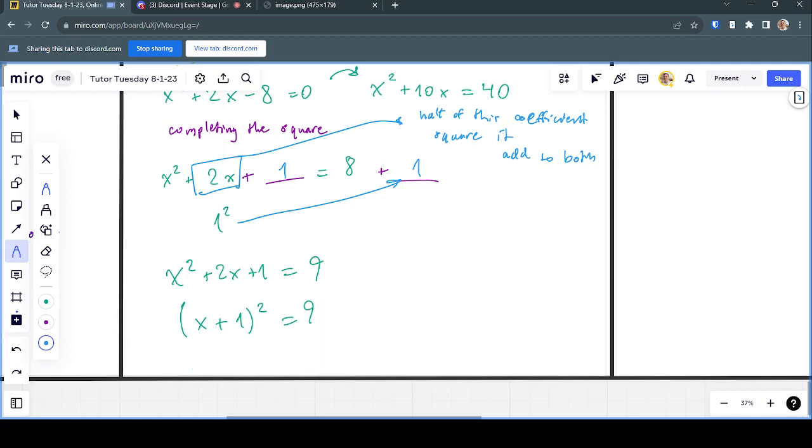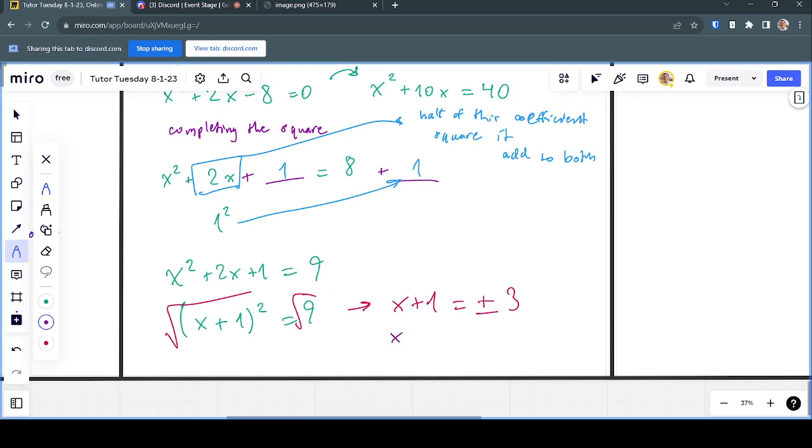And now since this is real easy for us to square root, we are going to get something like x plus 1 is equal to plus or minus 3. Once we take the square root of this side, we get rid of the square. Once we take the square root of this side, we just get a plus or minus 3. And from here, you just get two solutions, right?